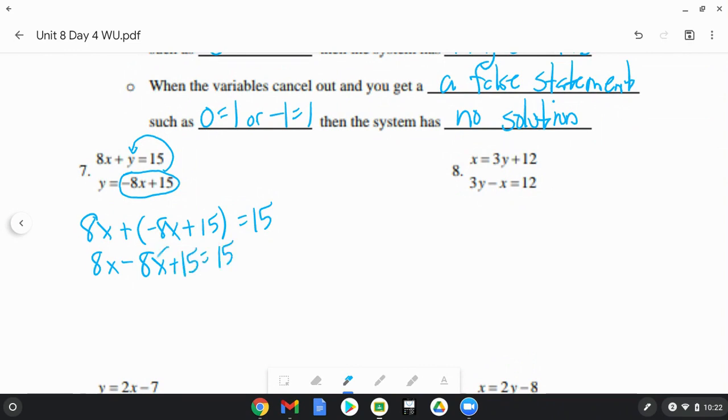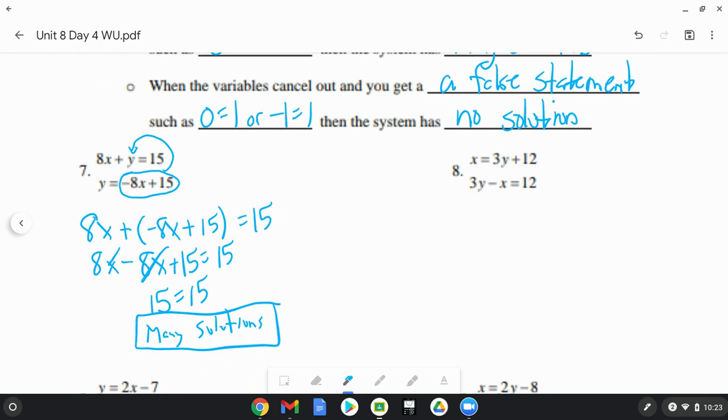So that would cancel out the x's, and in the end we get 15 equals 15. So we know that this is a special case because the variables canceled. And if the variables cancel, we need to decide if it's many or none. Since these two numbers are equal to one another, we would say that this is many solutions. So that would be my answer for number 7.